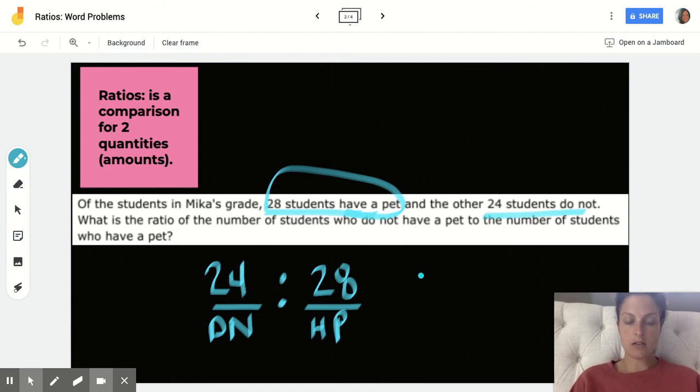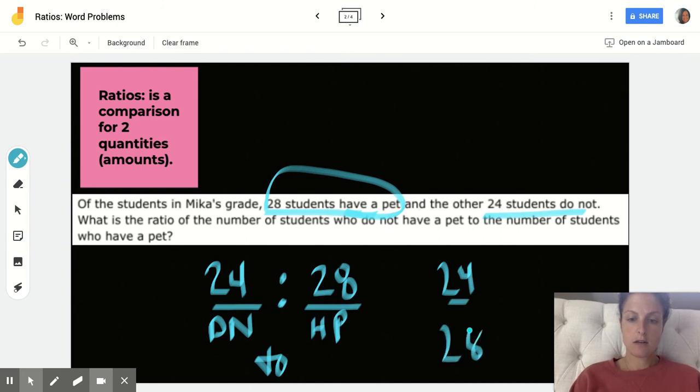So it is 24 to 28, or 24 over 28, depending on how your answers are available for you to use. But the big one is using this colon. All right, let's take a look at another one.